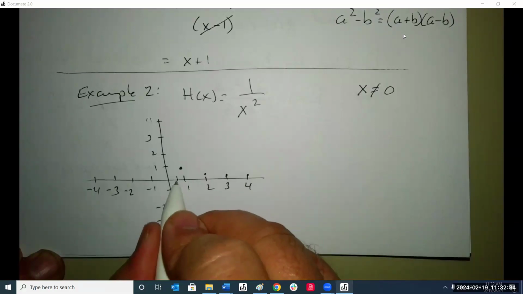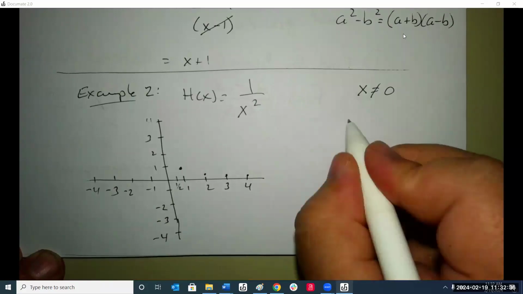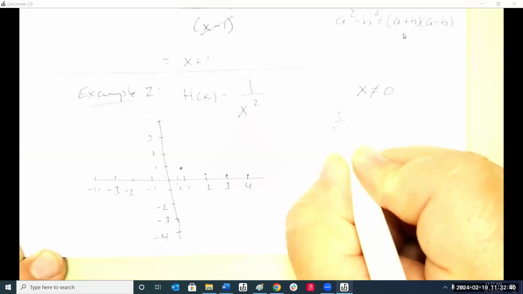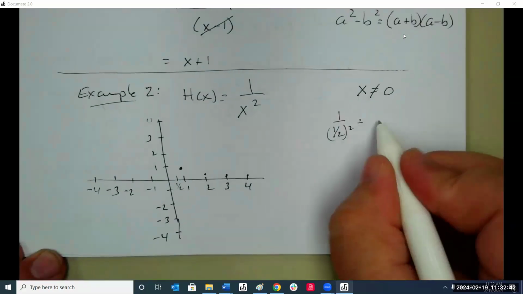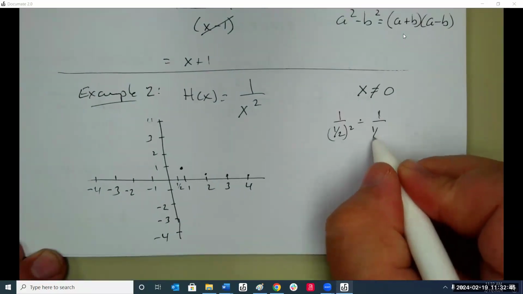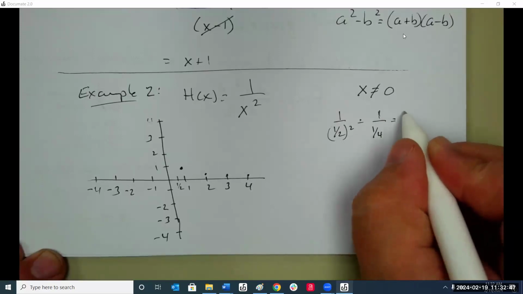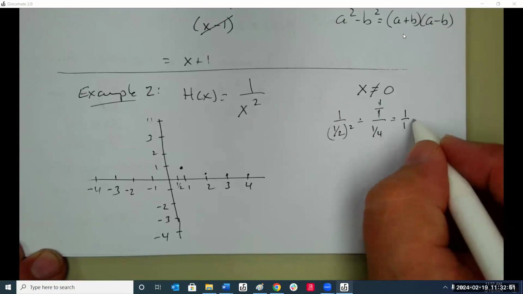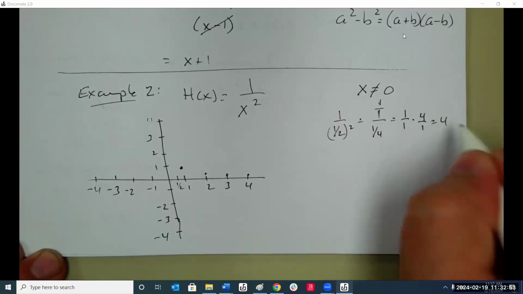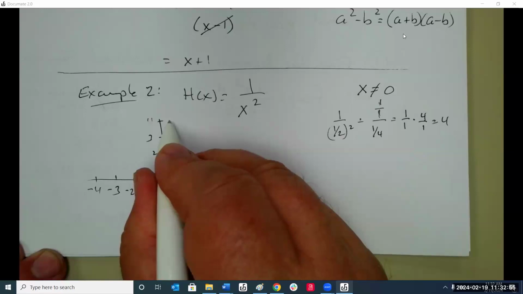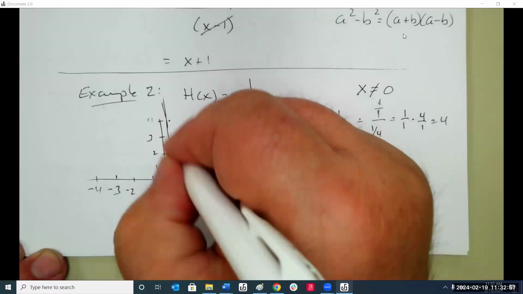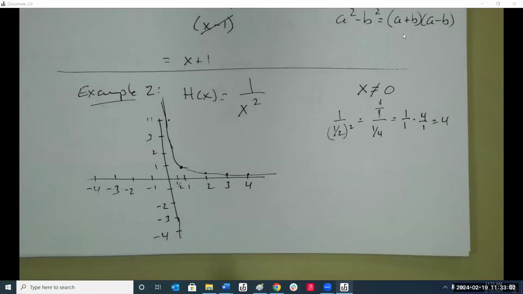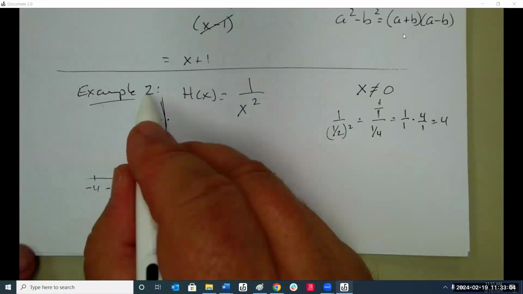But when we go, let's say, 1/2, 1 over 1/2 squared, which is 1 over 1 over 4. Take the top, leave it alone, flip the bottom. So our graph looks like this. On the positive side, we can't use 0.